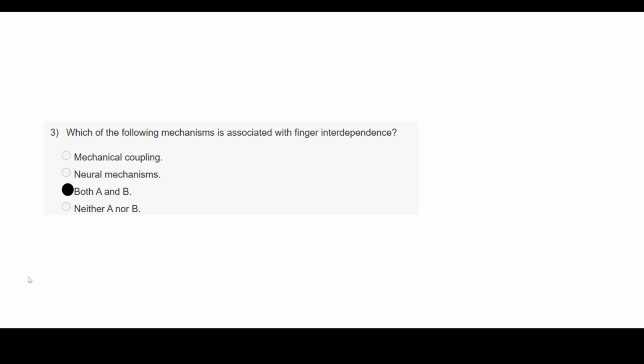The answer is C, which is both A and B. There might be intertendinous force transmission, or there can be central processes that control the finger interdependence, or the motor neuron itself controlling the dependence.